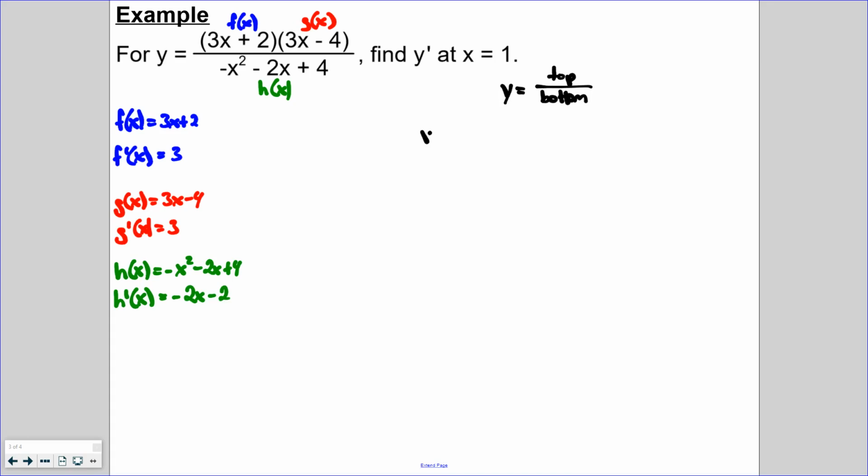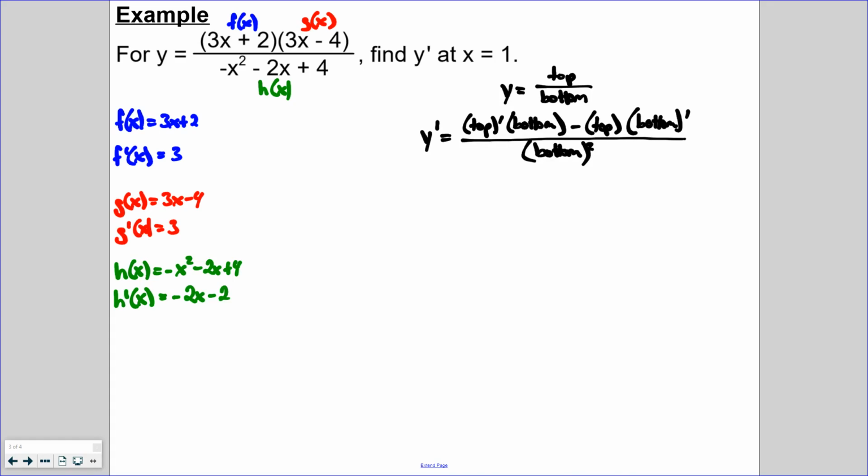So that means that y prime is going to be the derivative of the top times the bottom minus the top times the derivative of the bottom. And that's all going to be over the bottom squared.